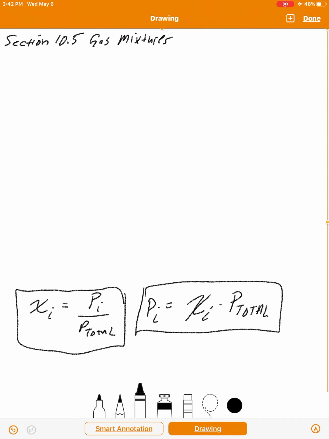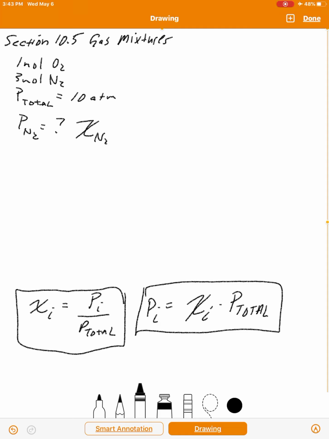So suppose that we have, again, 1 mole of O2 and 3 moles of N2, and the total pressure is, I don't know, 10 atmospheres. Let's find the partial pressure of N2. Right? What is the pressure of N2 in this mixture? Well, in order to do that, we need to know the mole fraction, because it's the mole fraction of N2 times the total pressure.